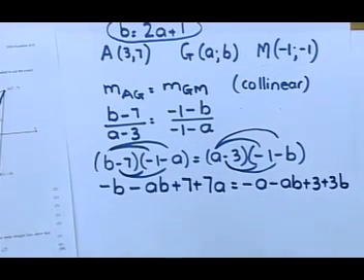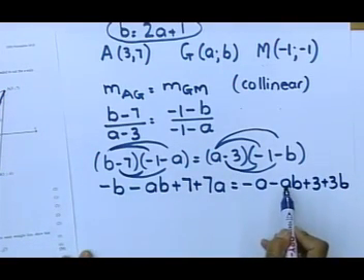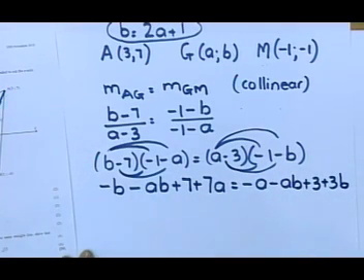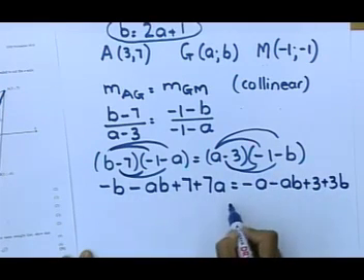Now I must try and get to B equal to 2A plus 1. Maybe if I bring this negative AB across to this side, your AB's cancel. That's very good. I need a B, so I'm going to take my negative B over to that side.